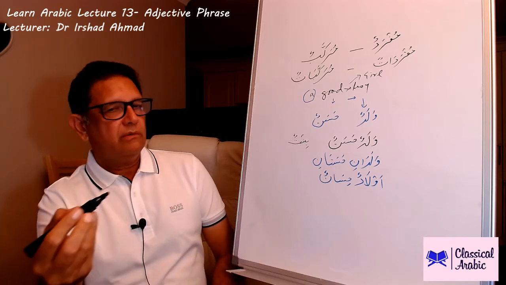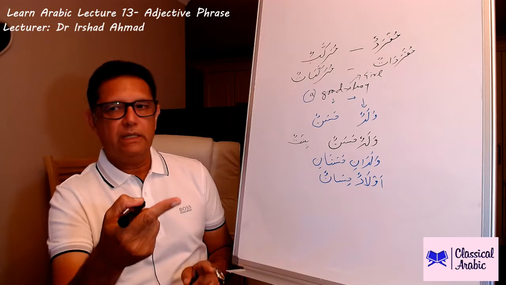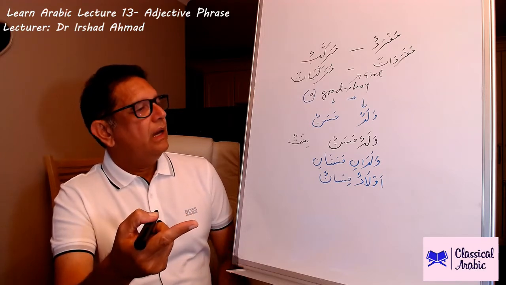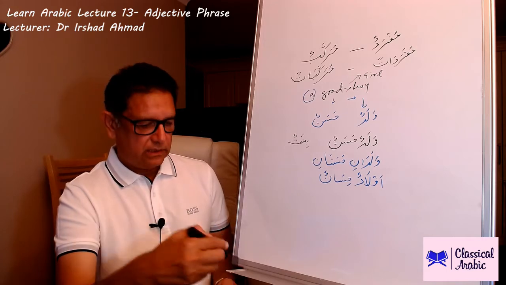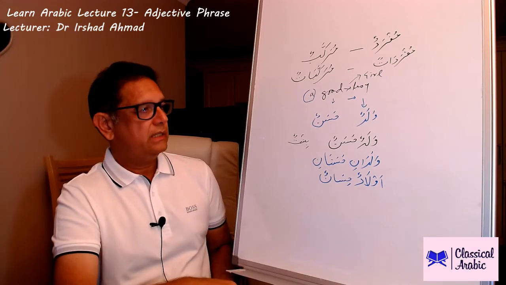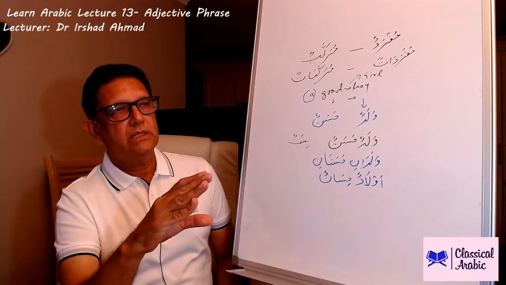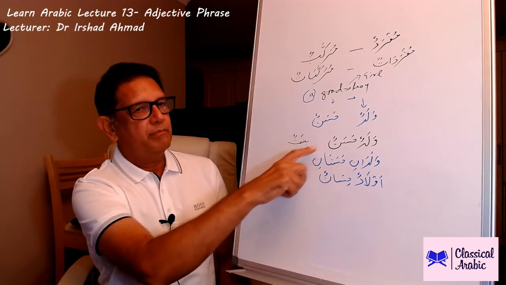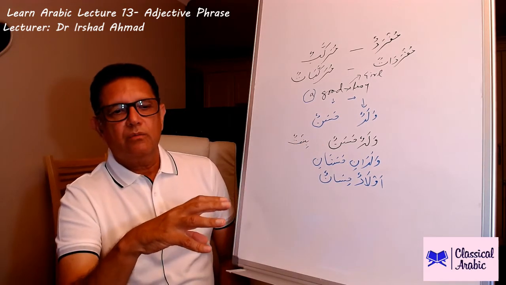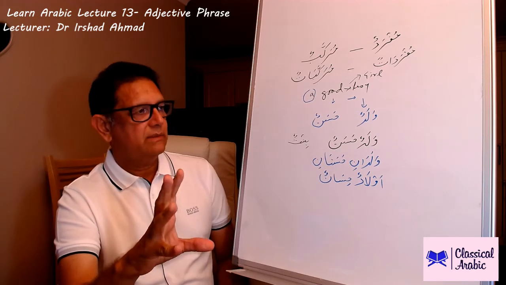If you remember one of the previous videos in which we discussed two types of indefinite nouns, and one was ism zat and the other one was ism sifa, and there are many others as well, but we just addressed two at that time. So sifa we can always change to muannas by adding ta marbuta here. In ism zat most of the time we cannot do that. Sometimes it's possible, but most of the time it isn't.